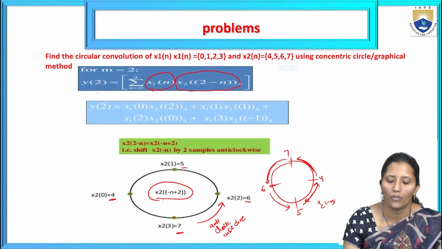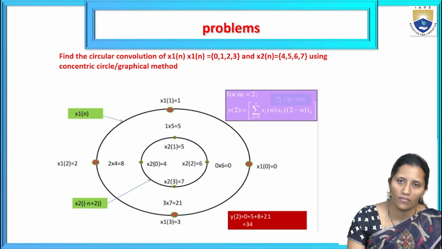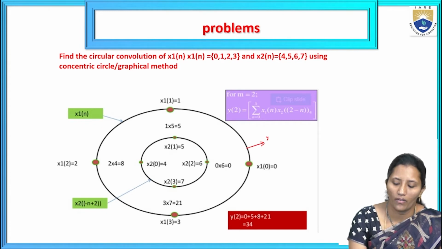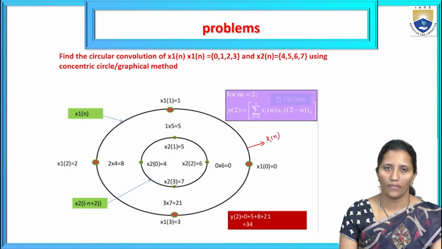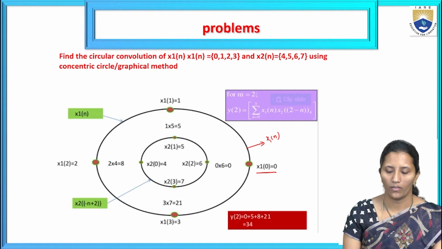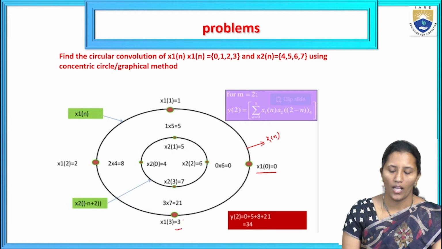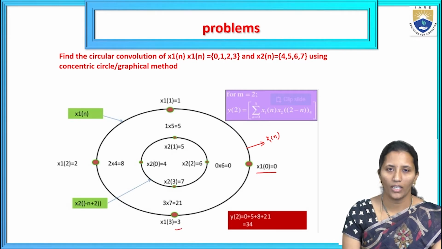So then how to find out the y of 2? Same procedure. We have to take the two concentric circles. We should not change the sample values of x1 of n. It is starting from here only, 0, 1, 2, 3. And we only have to rotate the inner circle by 2 samples in the anti-clockwise direction to get the x2 of 2 minus n.